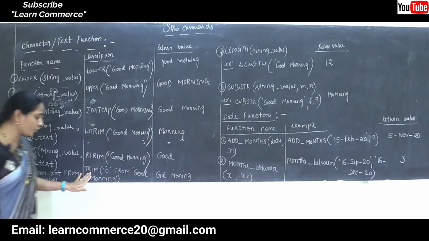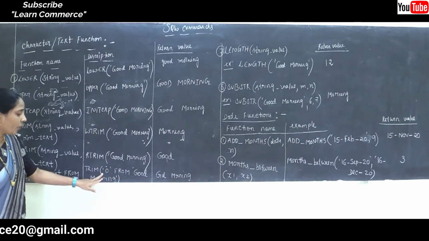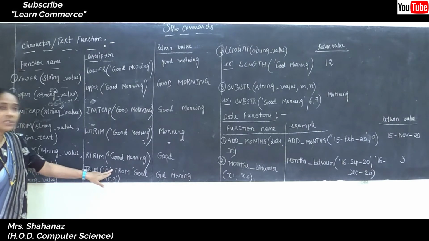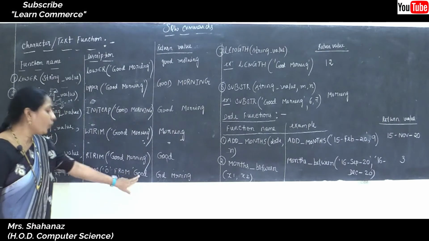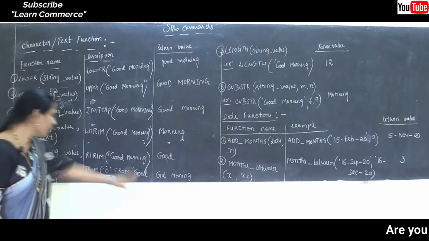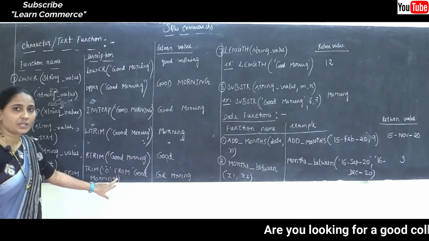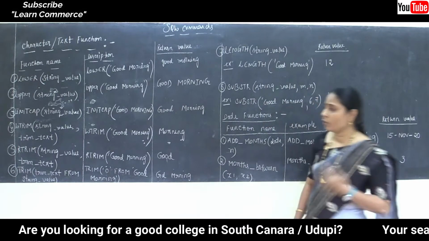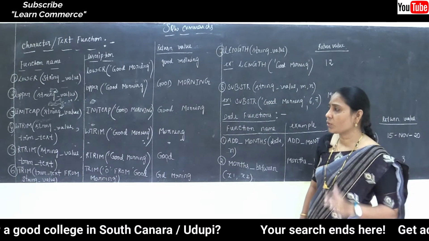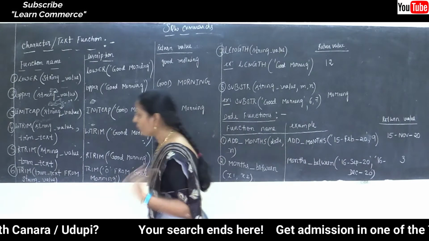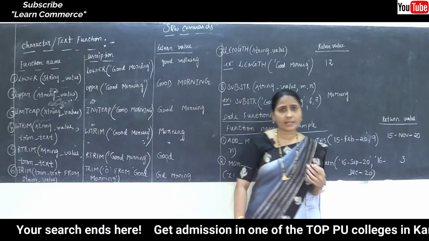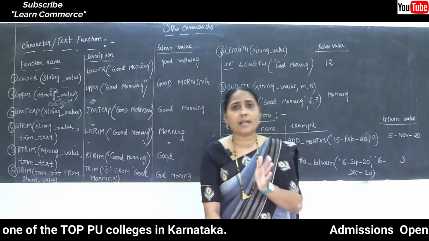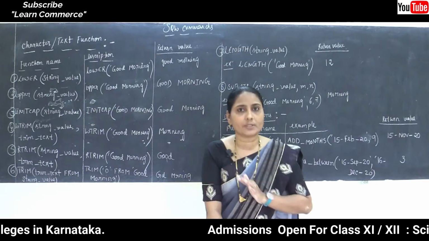In the example I want to write TRIM('o' FROM 'good morning'). So what about in this case TRIM? That means no left is there, no right is there, I just started from TRIM. So we can say that all occurrences of trim_text are removed from the left as well as the right side of the string_value.